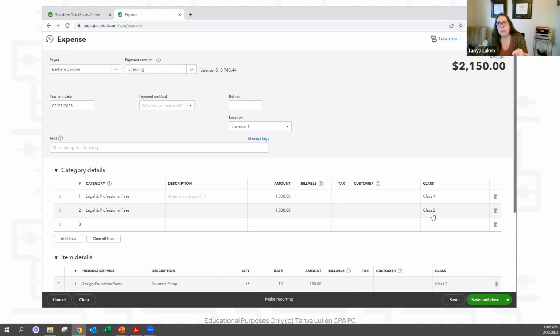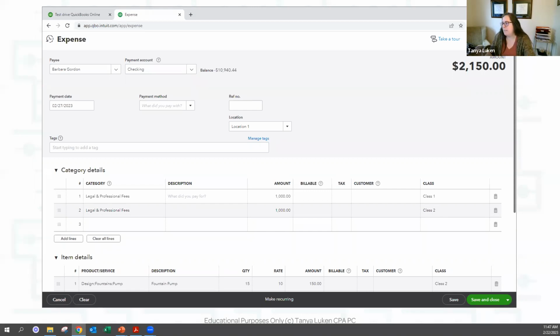If you have multiple stores, you could set up classes for each one of your stores. If you have a huge online business, for example, with revenue from distributors, wholesalers and retailers, your classes might be wholesale, retail, distributor.